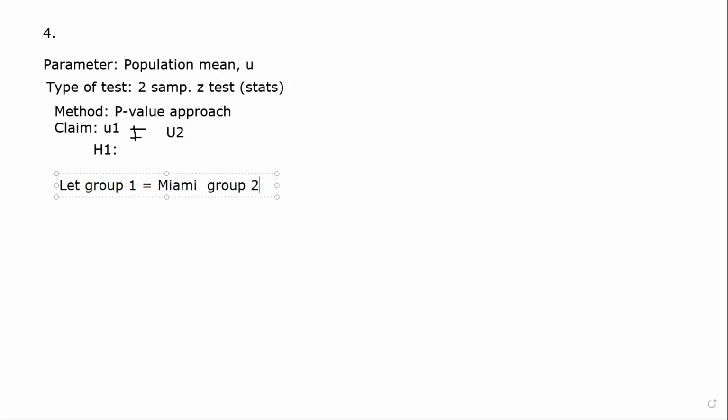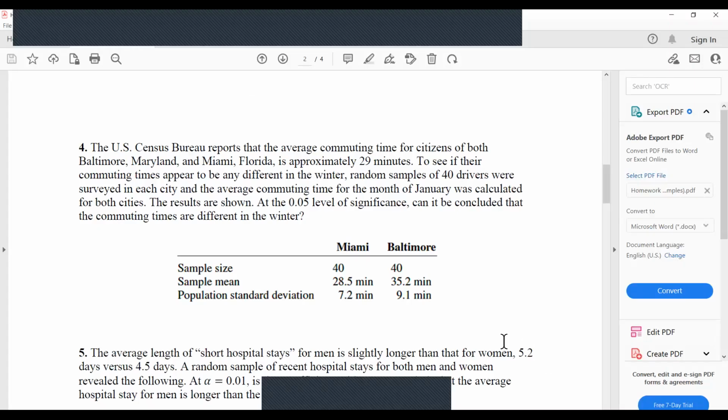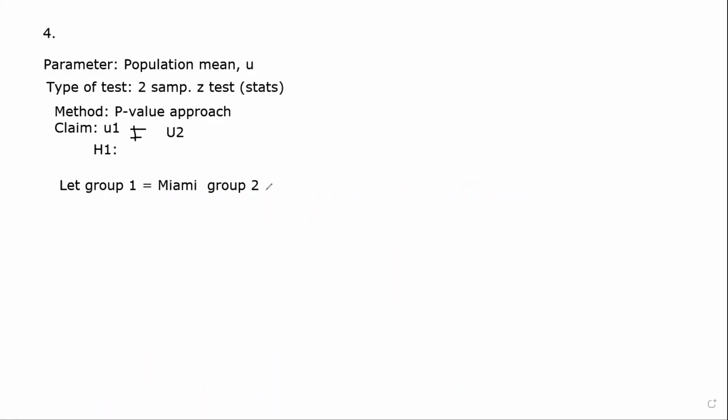This is H1? H1 is our claim. This is my setup still, okay? I have to state which groups are which. H1 is my claim. H1 is mu1 is not equal to mu2. And group 1 is Miami, and group 2 is Baltimore, right?